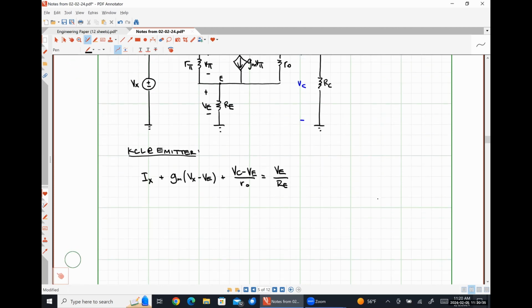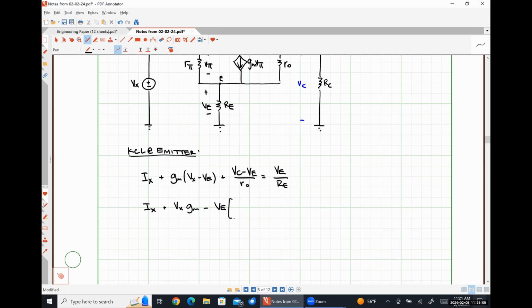And all I'm going to do now is just kind of lump terms together like we did before, right? So I have an IX with nothing being multiplied by it. I have a VX that's being multiplied by GM. I have VE, moving all of the VE terms to the left-hand side. They're all going to look negative, so that's why I pulled that negative sign out.